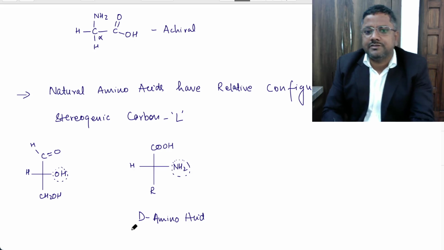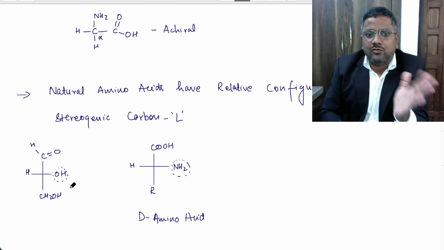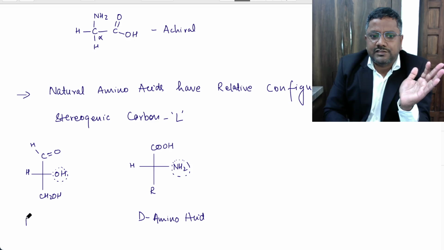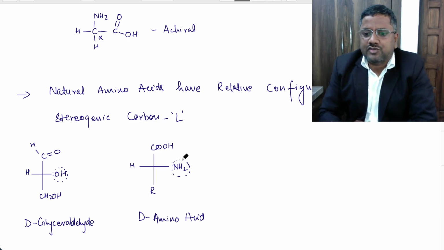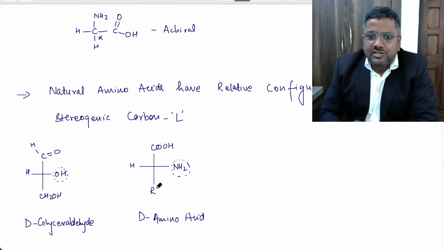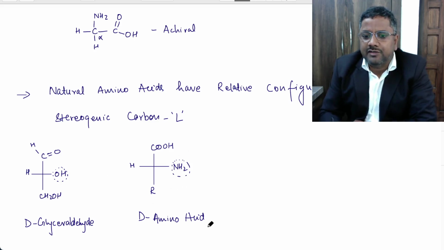Since in the Fischer projection OH on the right is D-glyceraldehyde, if NH2 is on the right like this, then this is the D amino acid, and this is not the natural amino acid.